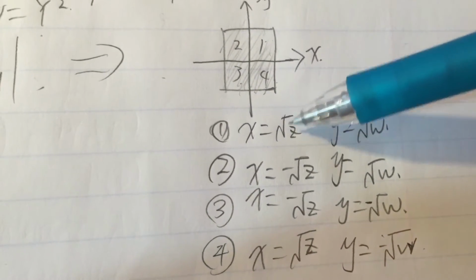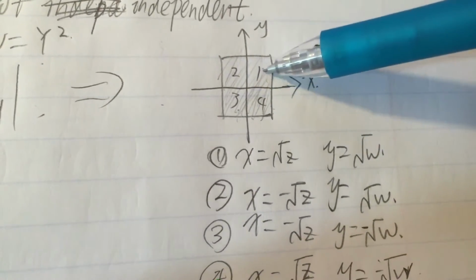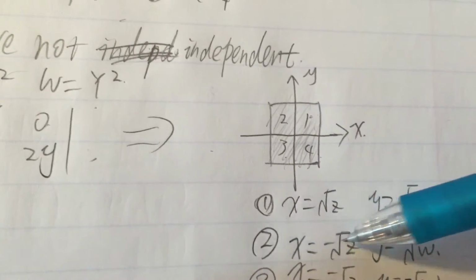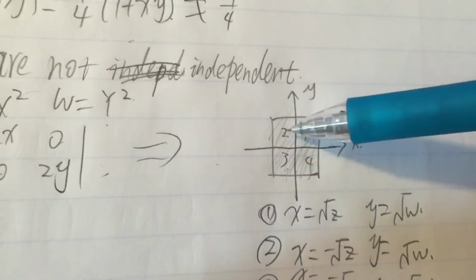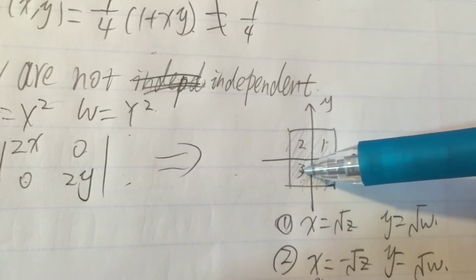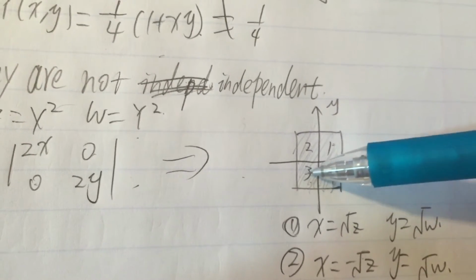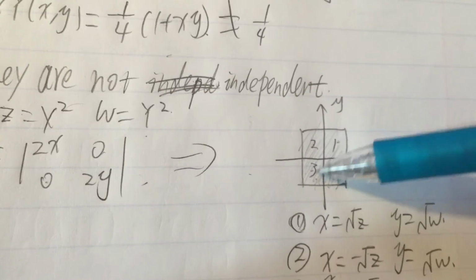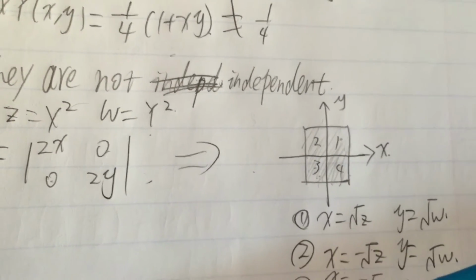For part 1, x equals the square root of z and y equals the square root of w. For the second, x is the negative square root of z and y is the square root of w. For part 3, x equals the negative square root of z and y the negative square root of w.